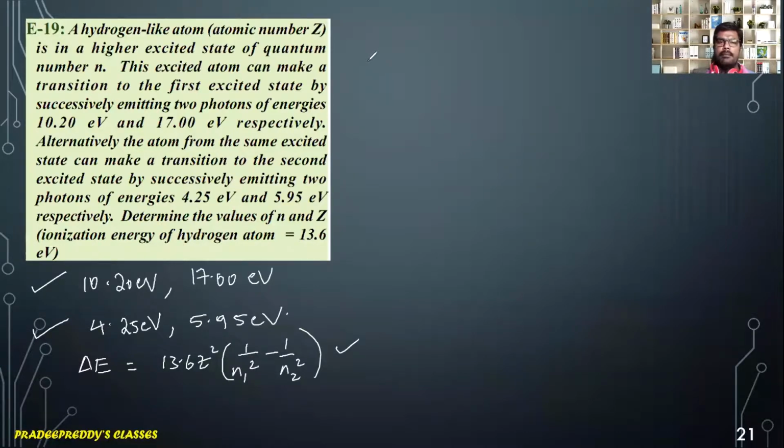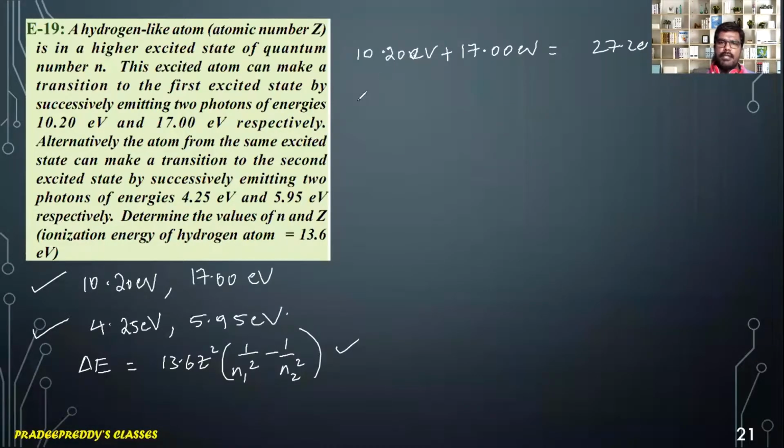Therefore, I am considering the two photons which are being emitted as 10.20 electron volt plus 17.00 electron volt, which is equal to 27.2 electron volt.